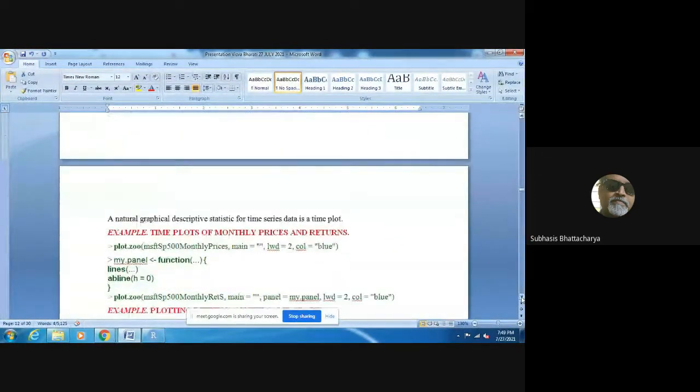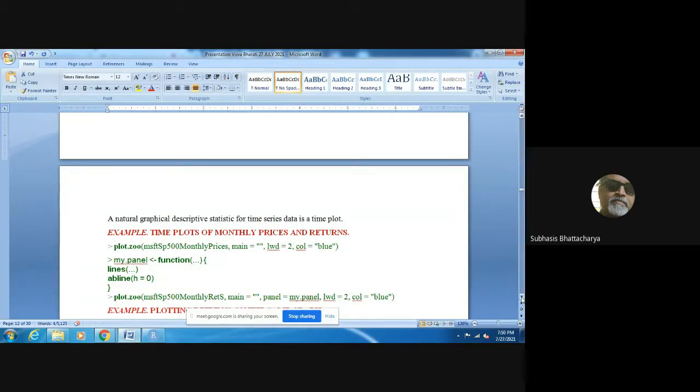So what are time plots? That is the graphical descriptive statistic, and this is simply a line plot with the data on the y-axis and the time index on the x-axis. And time plots quickly help in visualizing the things. Here we are going to plot a two-panel plot showing the monthly prices of Microsoft and SP500.